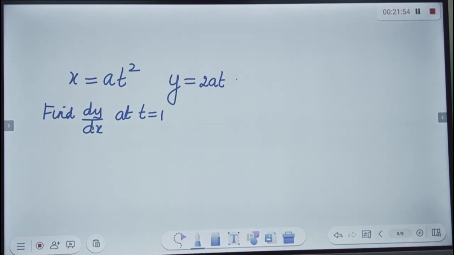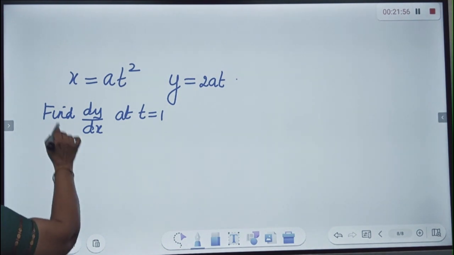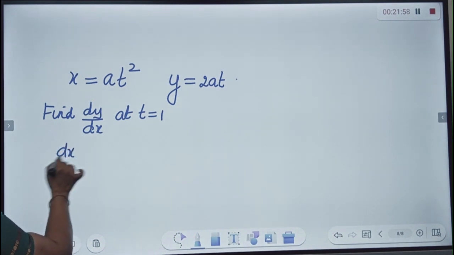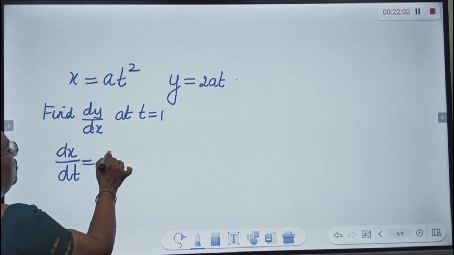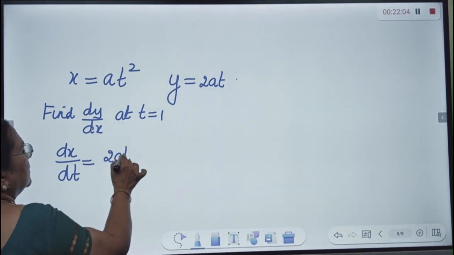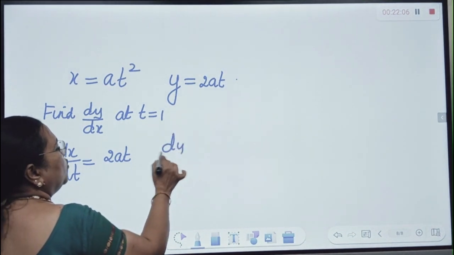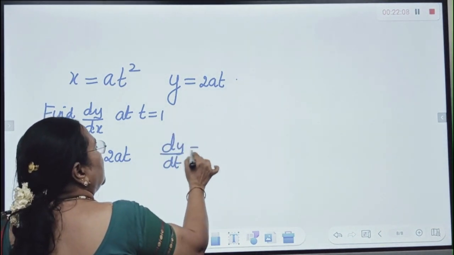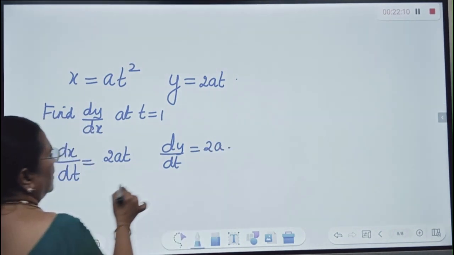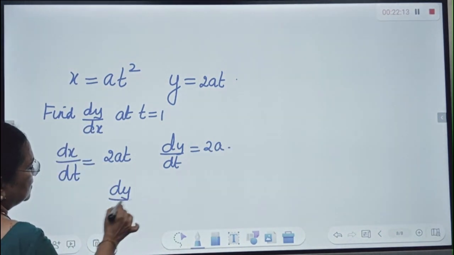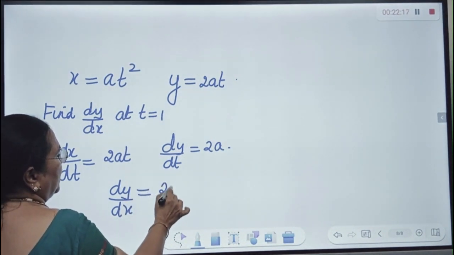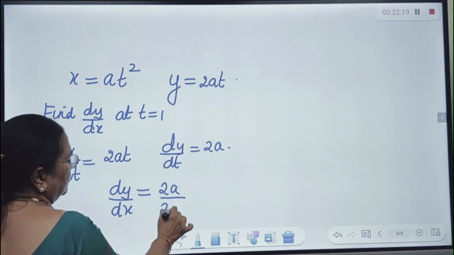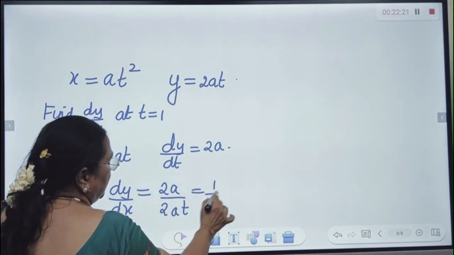Now what will be dx by dt? dx by dt will be 2at. What will be dy by dt? It will be 2a. So dy by dx will be 2a by 2at, which is 1 by t.